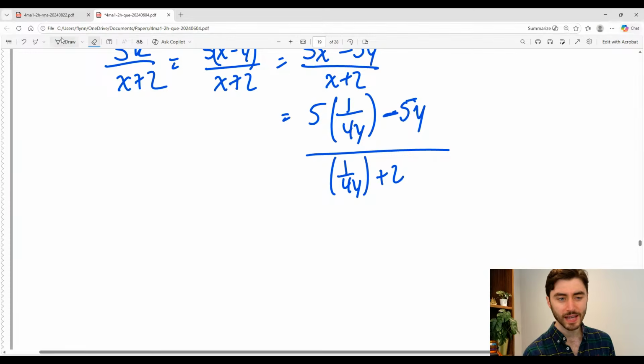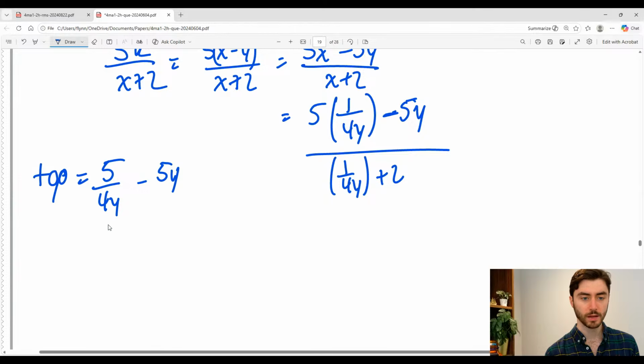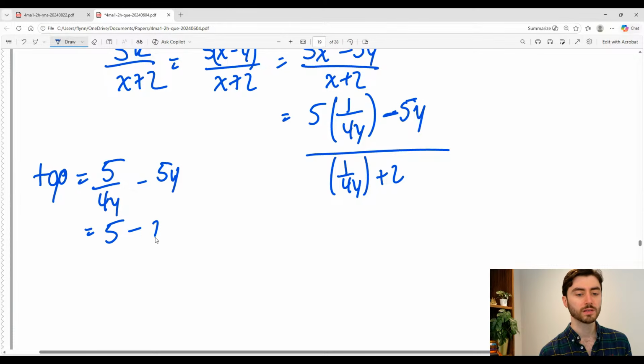I would probably take them separately. So I would take the top as being 5 over 4y minus 5y, and again bring these to a common denominator. For the second one, I need to multiply top and bottom by 4y. So that's 5 minus 20y squared all over 4y.